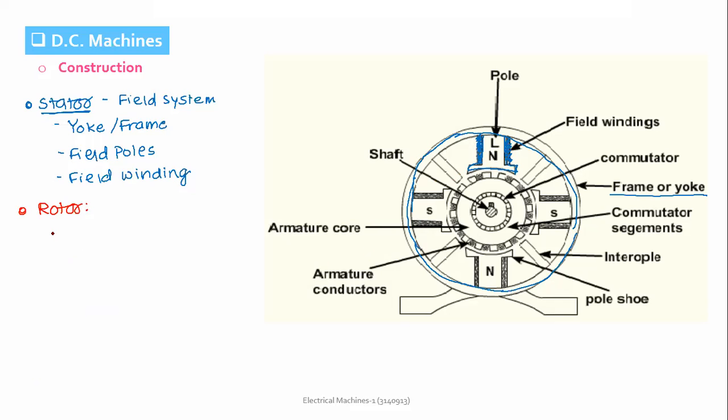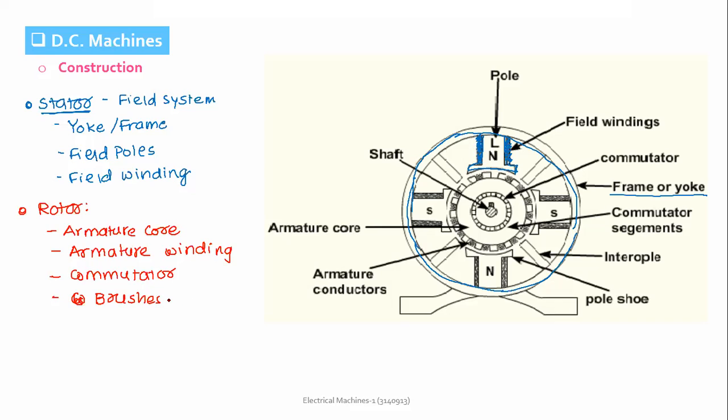So what will the rotor have? It will have the armature core, armature winding, commutator segments, and brushes, bearings and shaft.